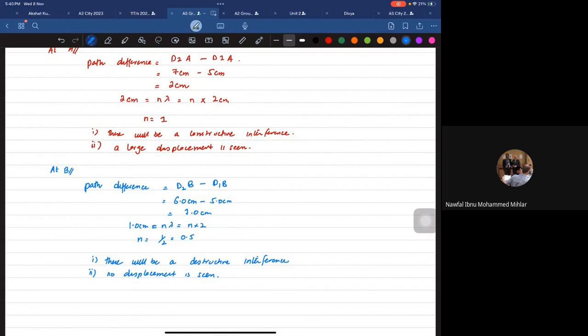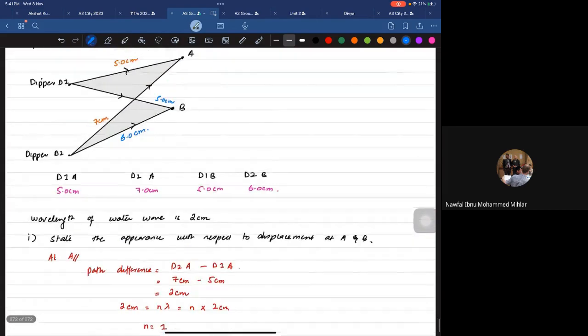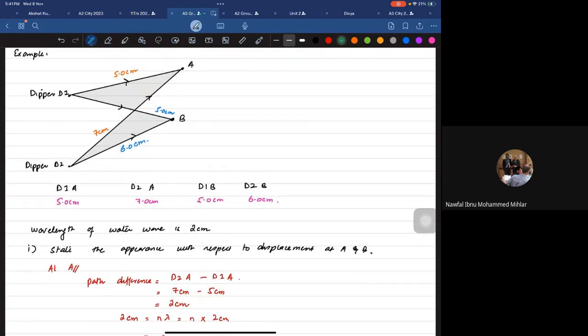Now, the fact of the matter is that there will be 3 types of waves that they're going to give you. All right. So you will be having water. In case they give you water, you are going to discuss their maxima and minima. So how do you address these?